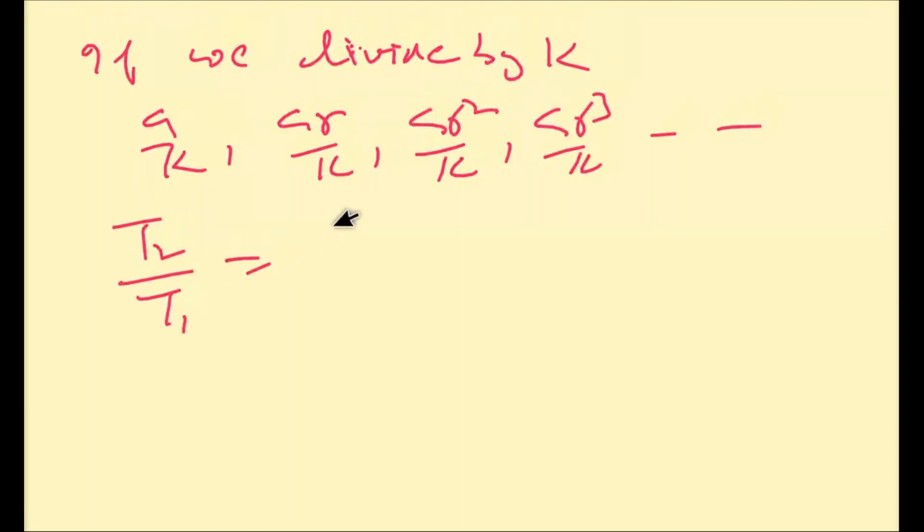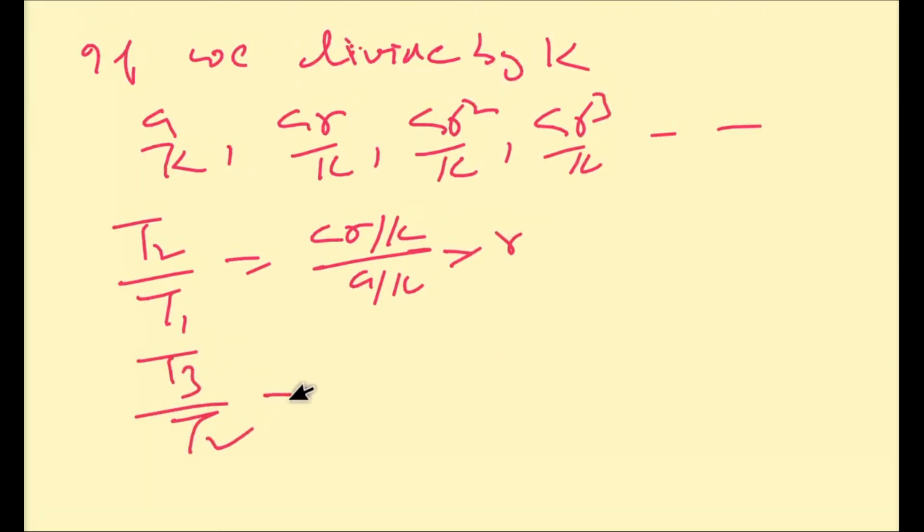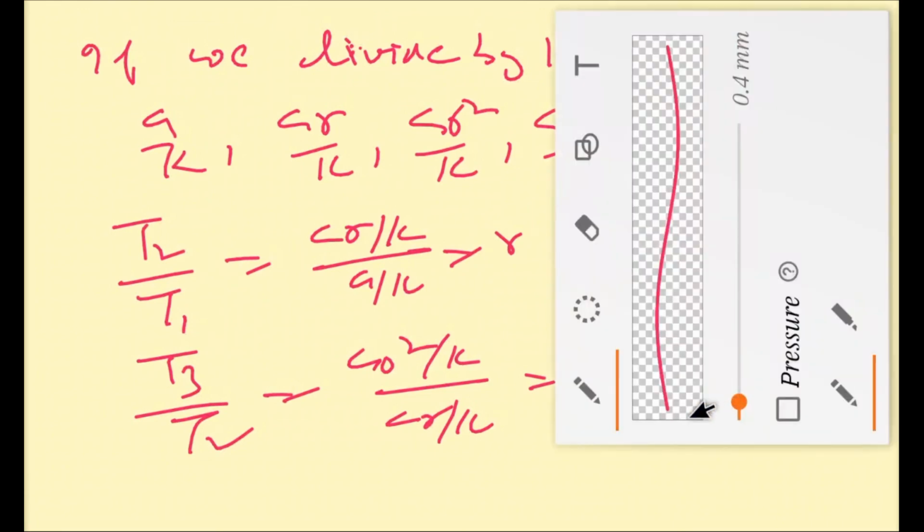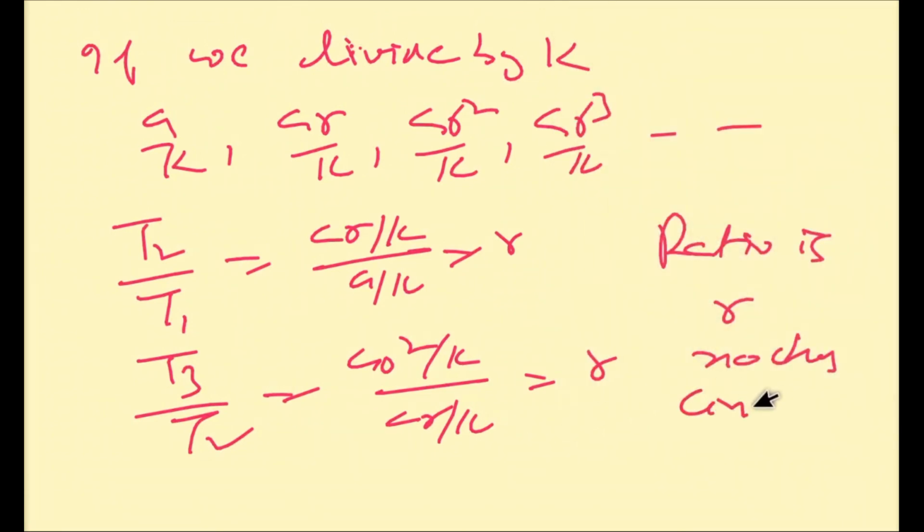T2 upon T1 equal to AR upon K upon A upon K equal to R. T3 upon T2 equal to AR square upon K upon AR upon K. We get our ratio is R, no change, and it is in GP. So student, we conclude that if we multiply or divide by K in each term of GP, then it will be GP and the common ratio will not change.